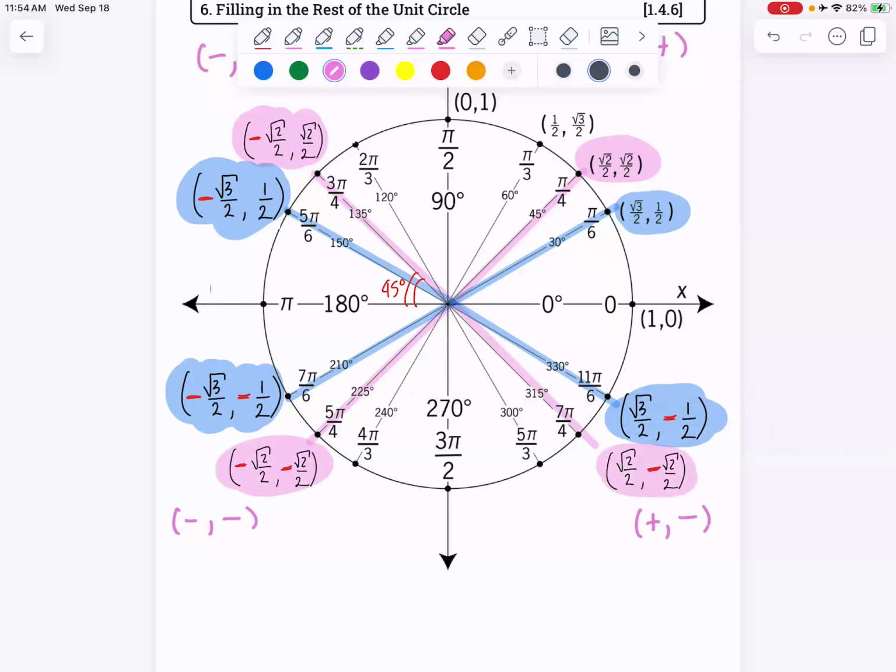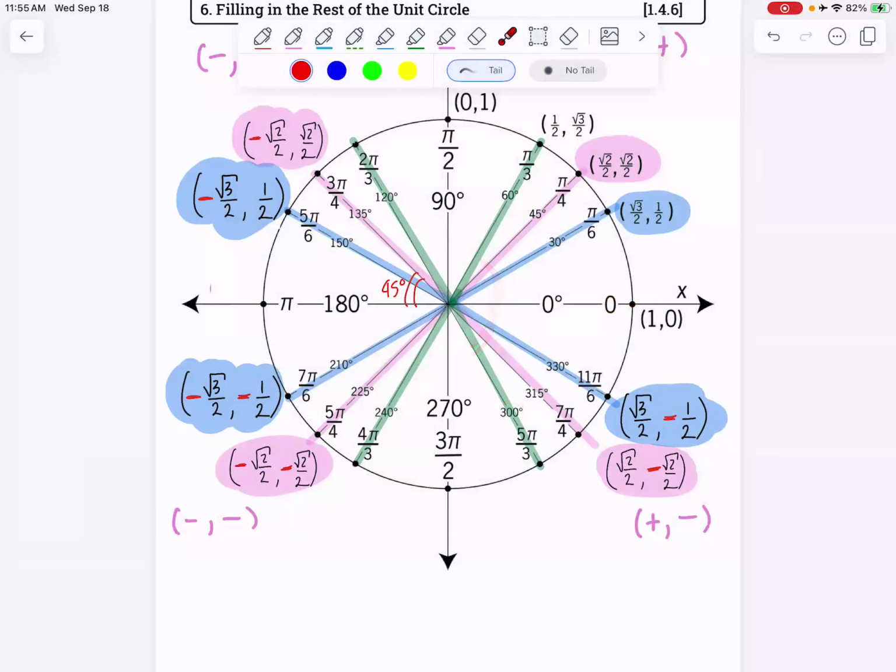All right, looking then at these pi over 3 angles, you can see the pattern that's happening here. All of these pi over 3 angles, they all have 60-degree reference angles. The distance between 300 and 360 is 60 degrees. So this is a 60-degree angle.